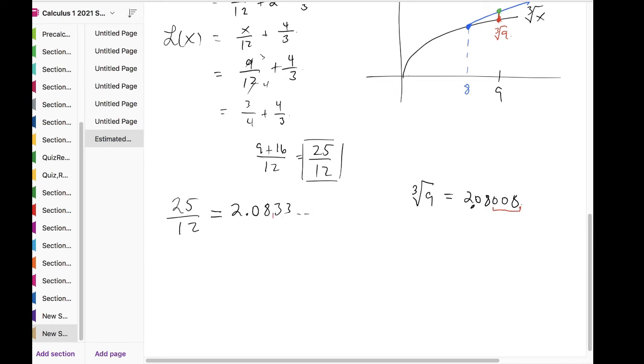So that's really close. By the way, this should make sense. It's close to 2, which is what cube root of 8 is. And it's bigger because cube root of x is an increasing function. Okay, so questions?